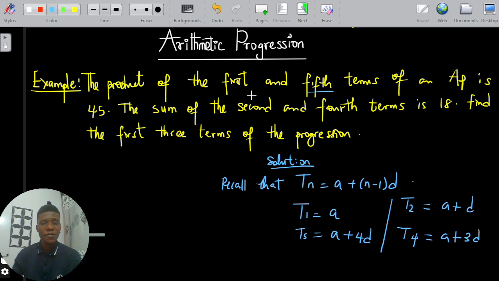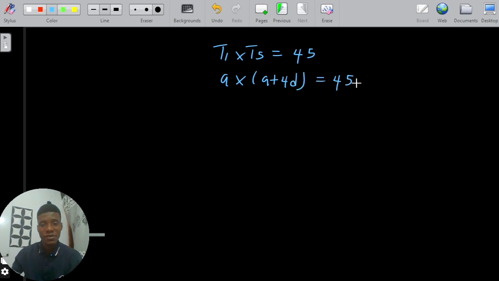The product of the first and the fifth term is 45, meaning that T1 times T5 is equal to 45. From what we deduced, T1 is a and T5 is a plus 4d, so a times (a plus 4d) equals 45.